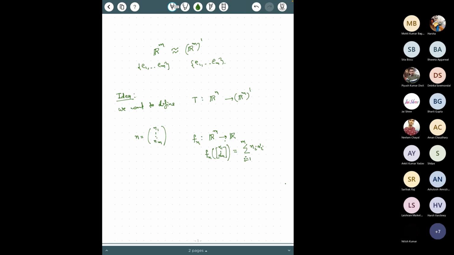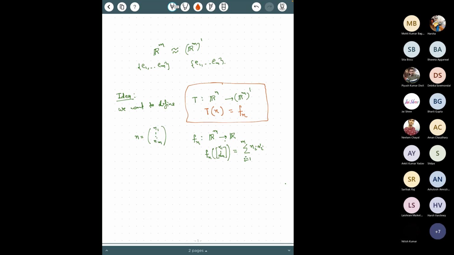So now you have some idea that if you define this isomorphism which you intend to define, you send any vector x here to this map fx. Now if you do it in this way, then you can verify that this map T which I have defined is an isomorphism from Rm to Rm dash.